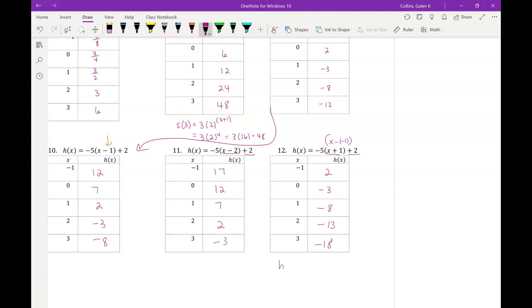And again, you can always check that by evaluating. So h of 3 is -5 times 3 plus 1, plus 2. I'm just substituting 3 for x. So that is -5 times 4 plus 2, which is -20 plus 2, which is in fact -18.